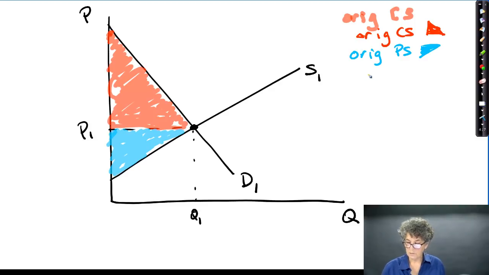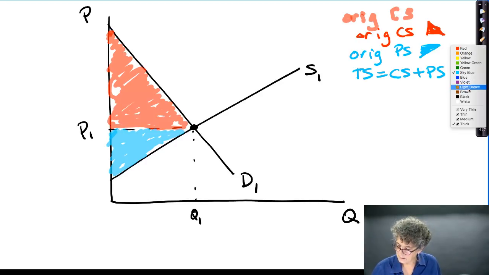And the total surplus, remember, is the sum of the consumer surplus and the producer surplus. It's the surplus that's received by everybody in the society. All right, that's our setup. Now, we're going to add a tax to this graph.